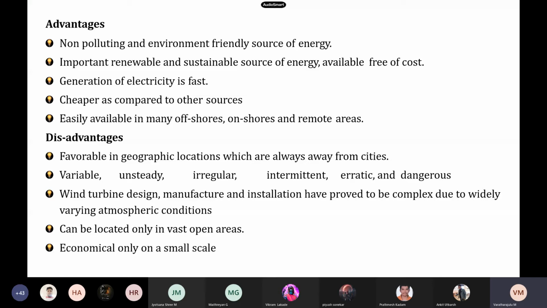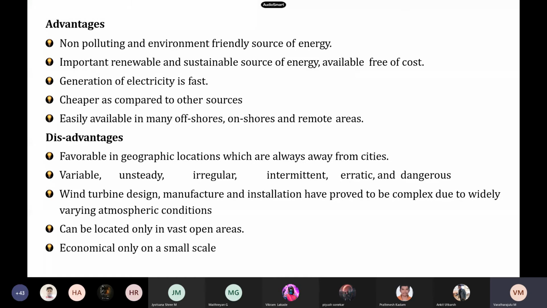It is cheaper compared to other sources, and easily available in offshore, onshore, and remote areas. On the other hand, favorable geographical locations are always away from the cities, and therefore it needs larger transmission lines. The wind is variable, irregular, intermittent, and erratic.